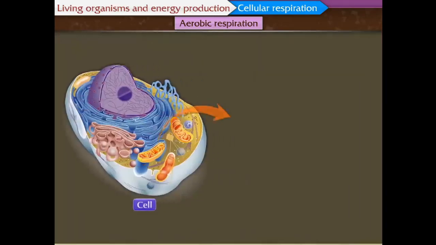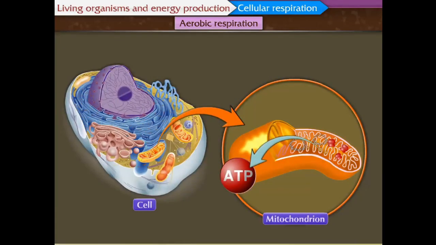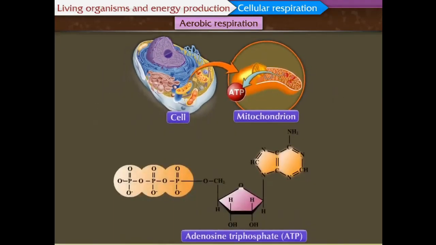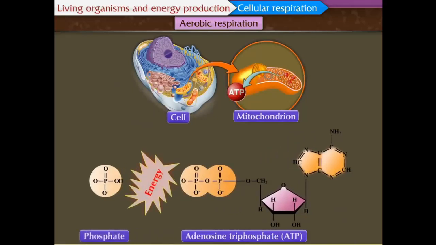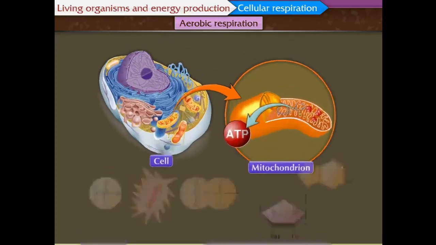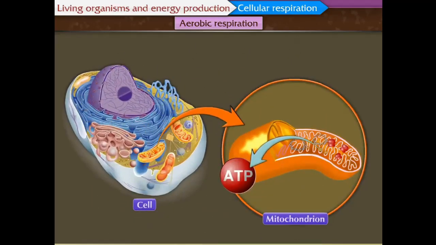These ATP molecules are stored in the cell. Whenever the cell needs energy, one phosphate bond breaks and energy is released. In this process, ATP gets converted into ADP, or adenosine diphosphate. Hence, ATP is called the energy currency of the cell.